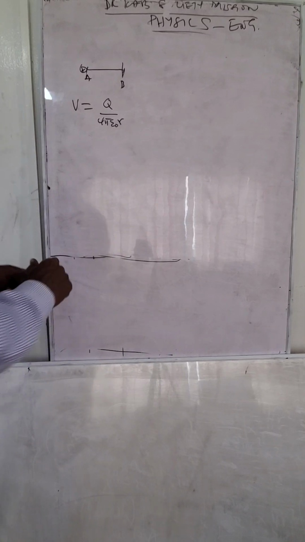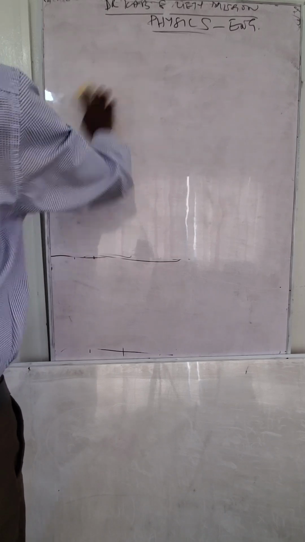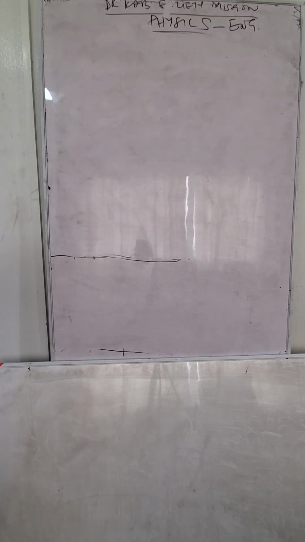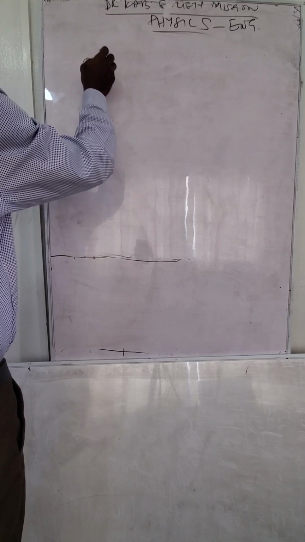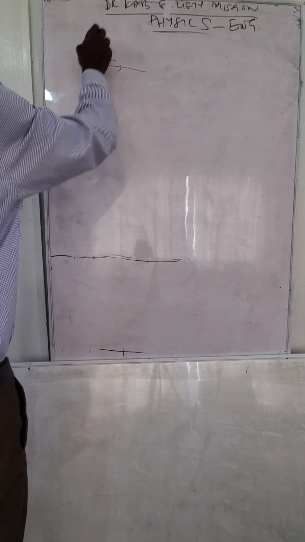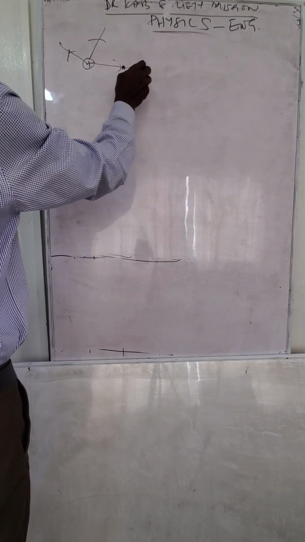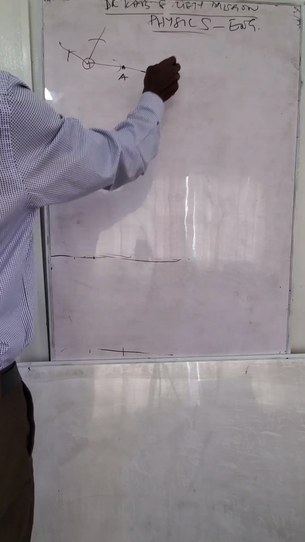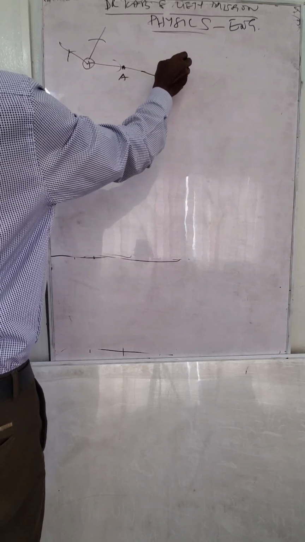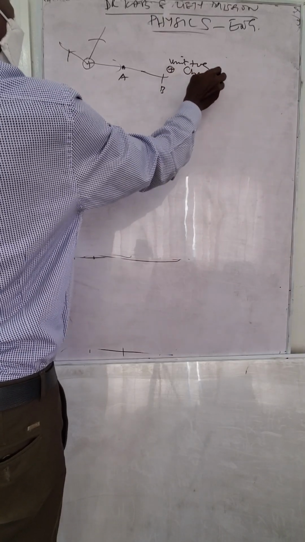Now let's look at this. Let's assume this is a positive charge. It has force around it. Now this is point A and this is point E. And then we have a unit positive charge here.